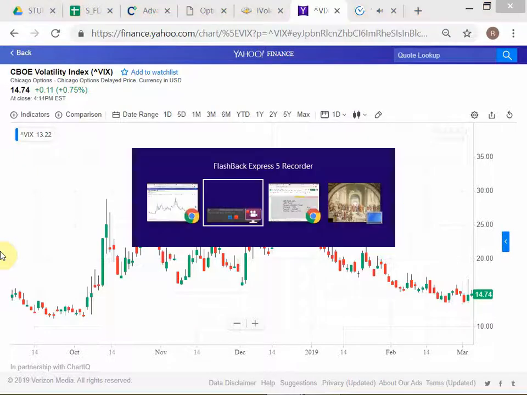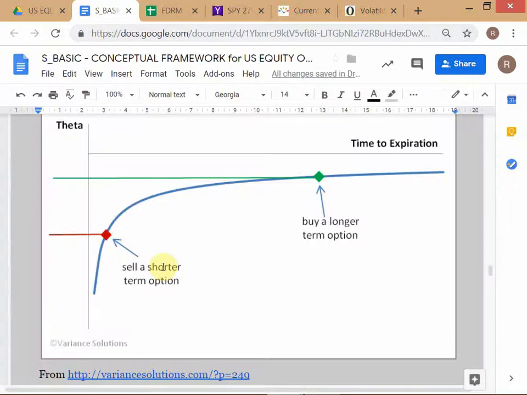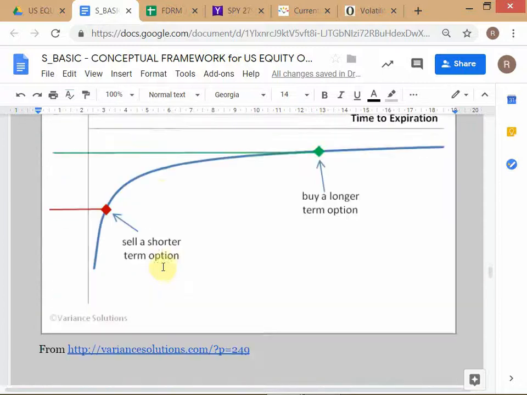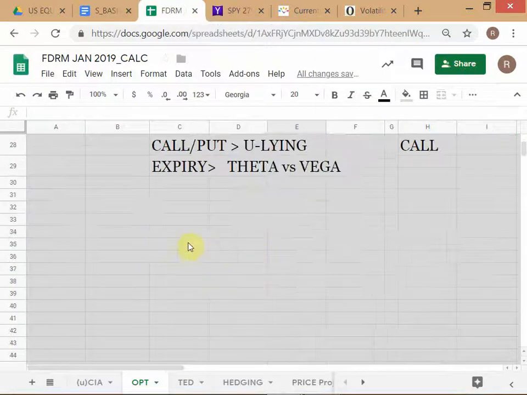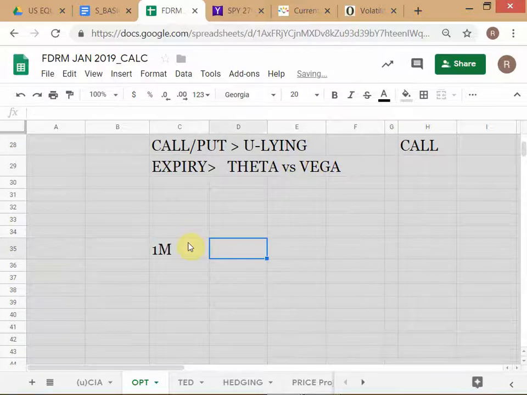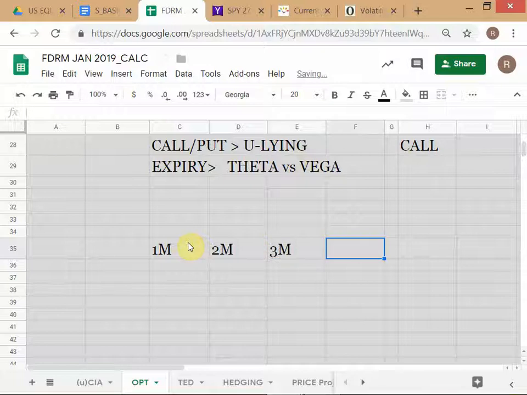But if you look at your notes, remember in the earlier note, I had a chart. Let's plot it here quickly. If I do 1 month, 2 month, 3 month, 6 month.